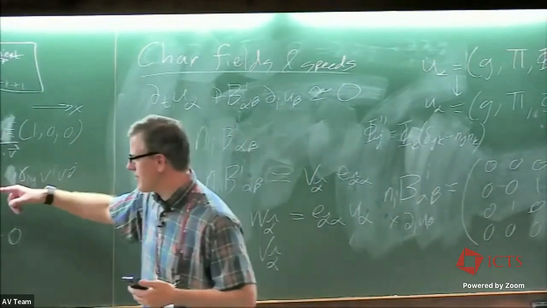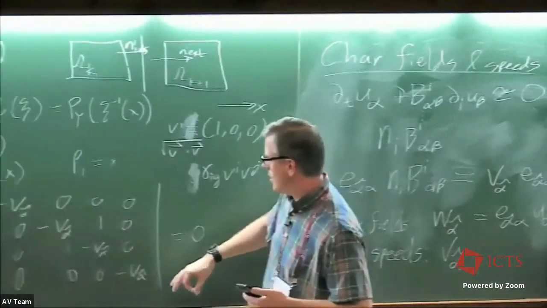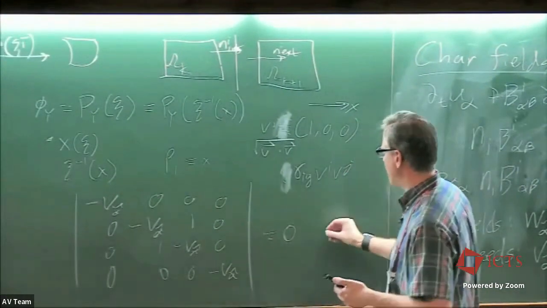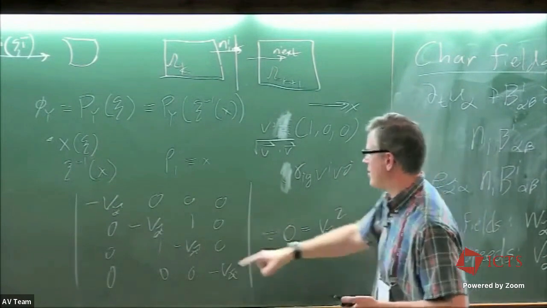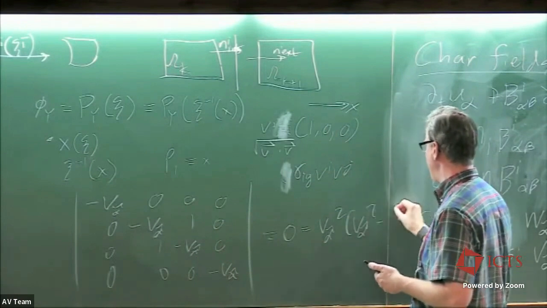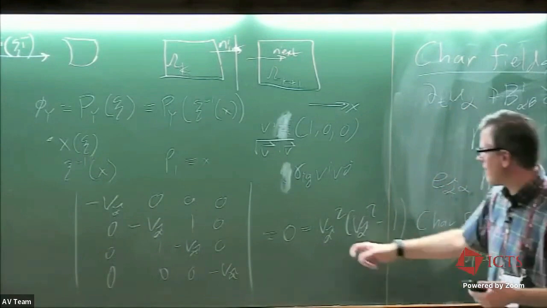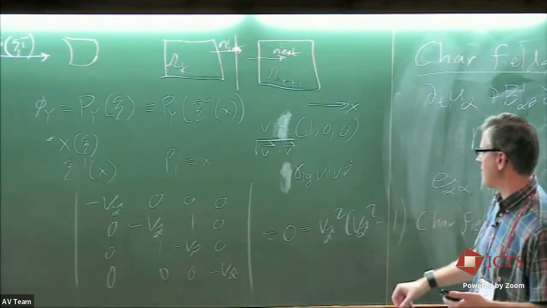If you were to solve this, you can think of this as, well, 2 of these rows only have 1 non-zero term. So ultimately, this determinant is going to be equal to v alpha hat squared times the determinant of this 2 by 2 matrix in the middle, which is v alpha hat squared minus 1. And that means there are 2 eigenvalues that are 0, and then this thing has solutions plus and minus 1.